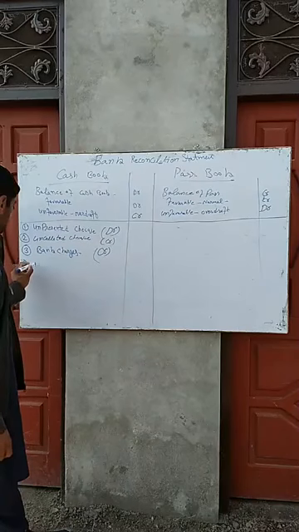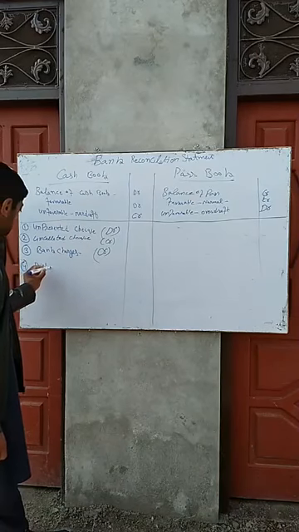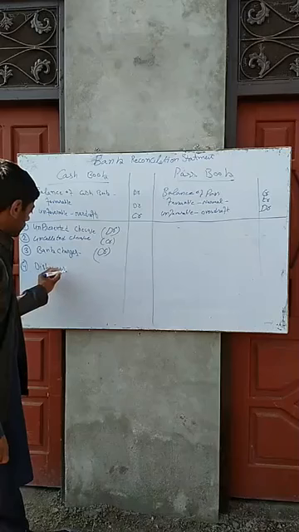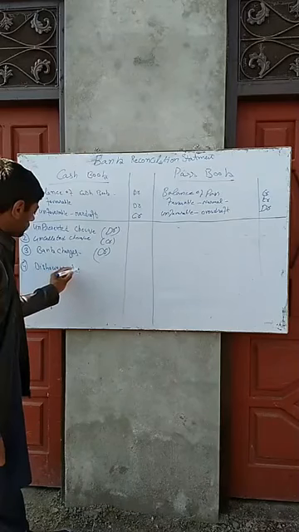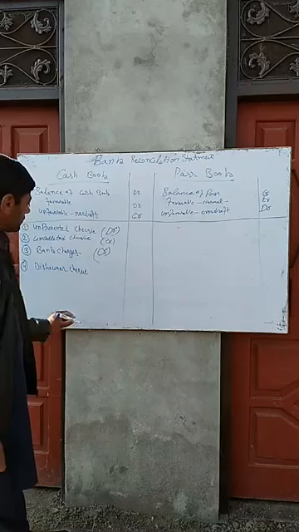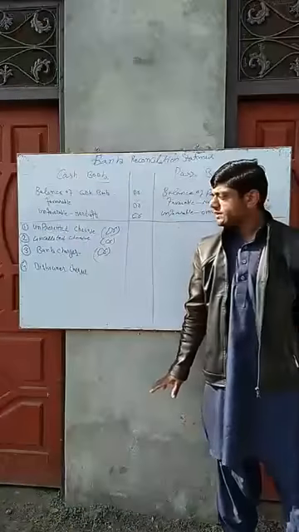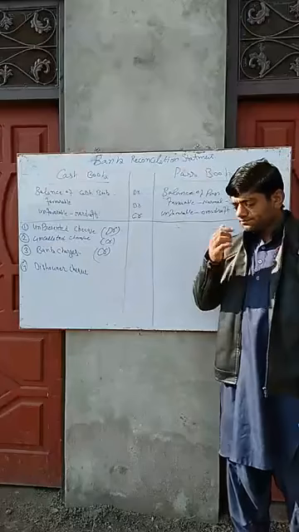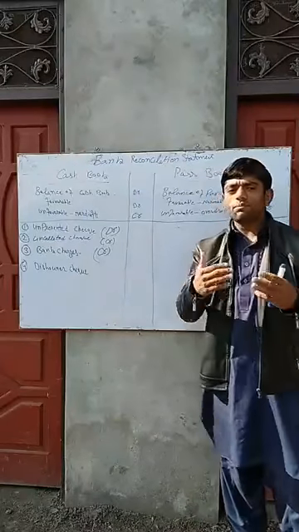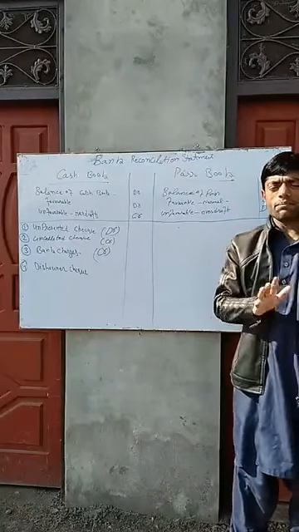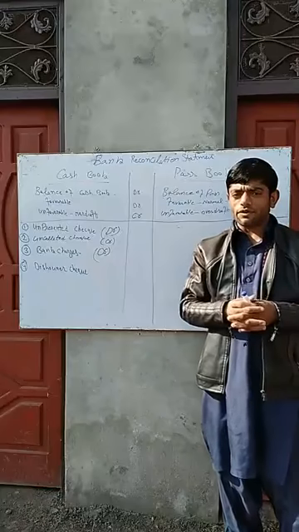Next, dishonored check. A dishonored check is a bad check that is presented for payment, but the bank refuses to make the payment of that check.